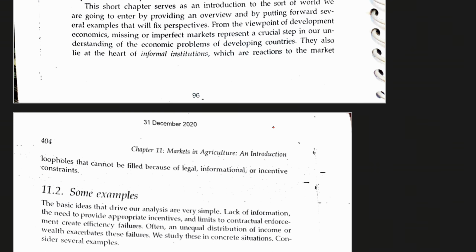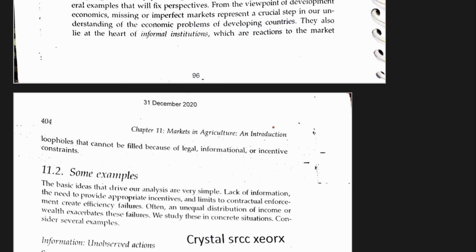This short chapter serves as an introduction to the sort of world we are going to enter by providing an overview and by putting forward several examples that will fix perspectives. From the viewpoint of development economics, missing or imperfect markets represent a crucial step in our understanding of the economic problems of developing countries.